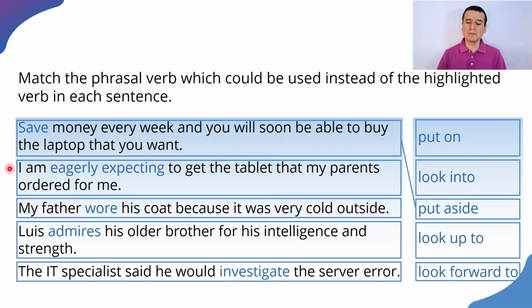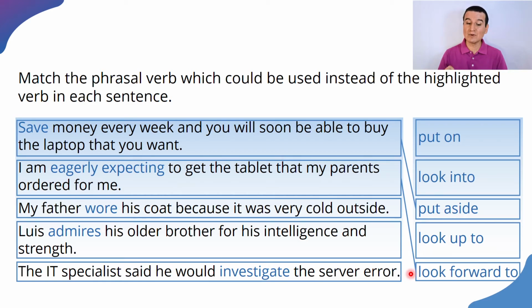I am eagerly expecting to get the tablet that my parents ordered for me. Eagerly expecting. If you expect something eagerly, you can look forward to. So you can say, I am eagerly looking forward to, and you know what? Something about this phrasal verb, look forward to, is that after the preposition to, the verb that follows must end in ing because it is usually followed by a noun.